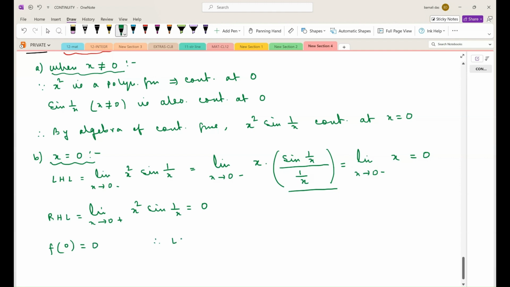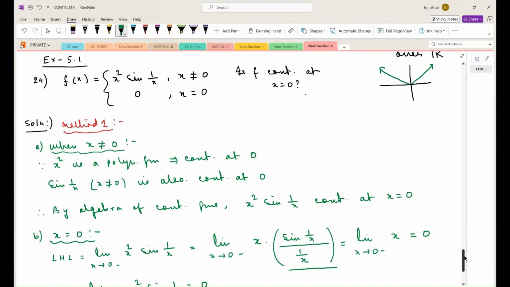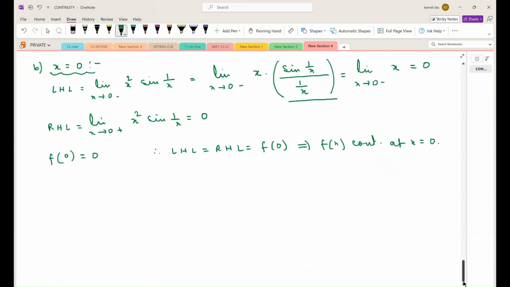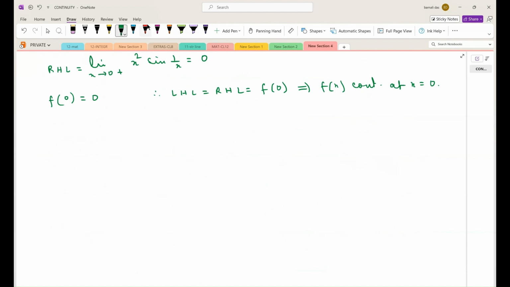Therefore, LHL equal to RHL equal to functional value. So f(x) is continuous at x equal to 0. So this is method 1. Another method which I prefer is this, method 2.